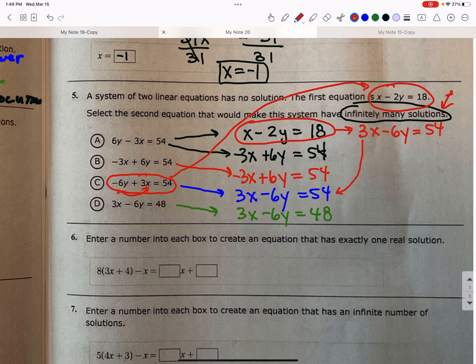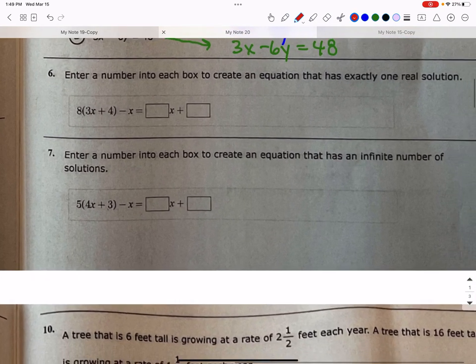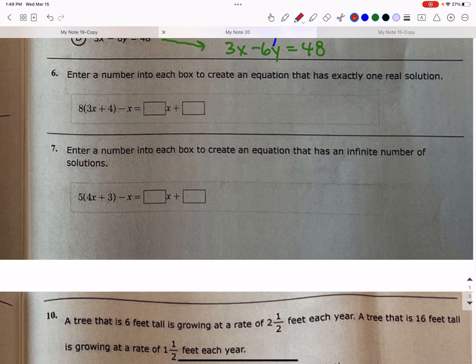Tough problem. Number 6, enter a number into each box that will give this exactly one solution. So normal problem. If we do this times this and this times this, we have 24x plus 32 minus x. So we have 23x plus 32. If we want this to have one answer, just be a normal equation, what does the x's have to be?